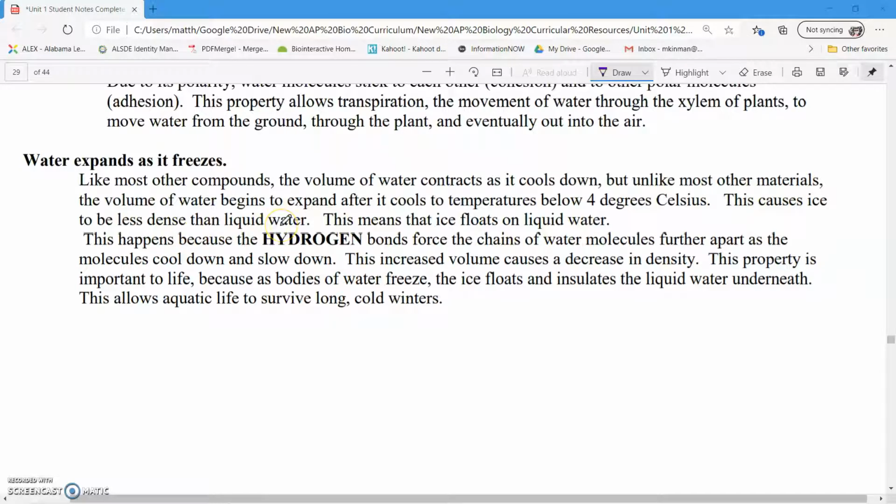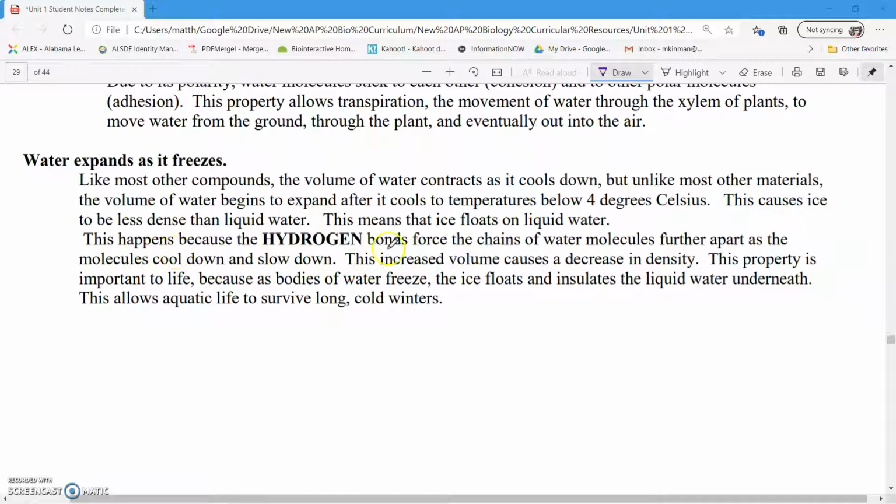So this is very important for organisms that live in cold places underwater. So why don't fish in a frozen lake freeze? How do they live through the wintertime? This means that ice floats on liquid water. So some of the water at the top freezes and sits on top of the warmer water below.